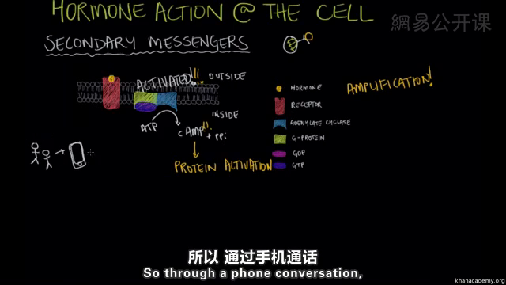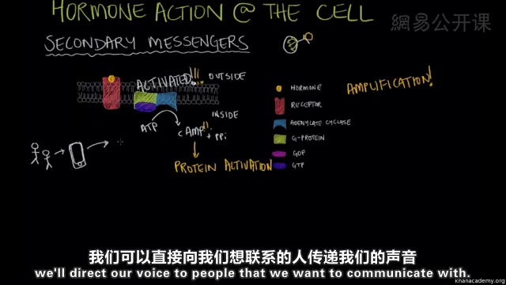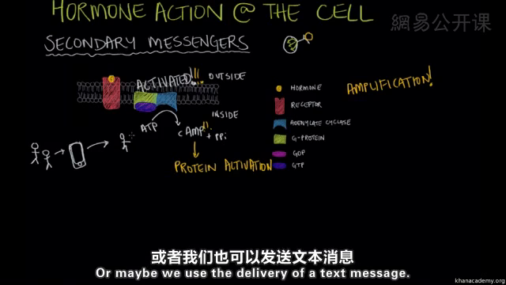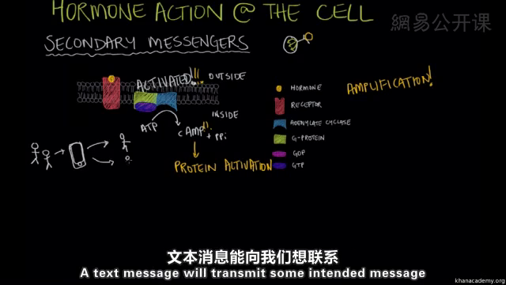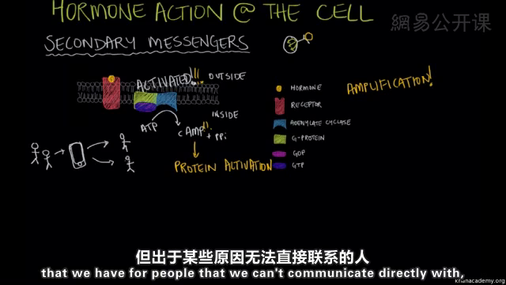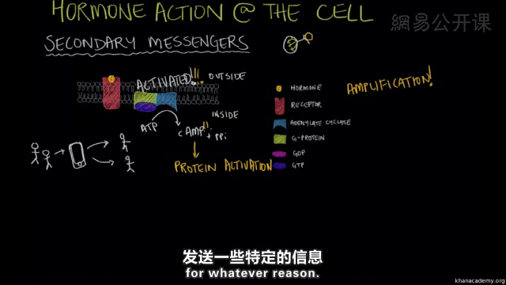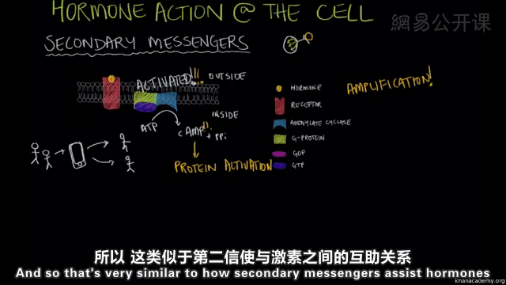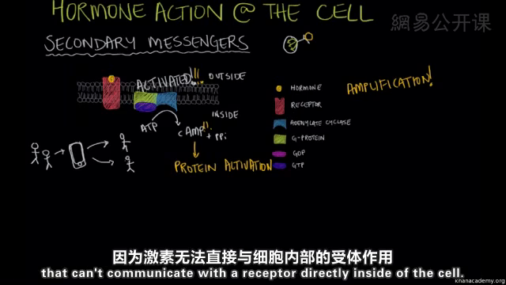So through a phone conversation, we'll direct our voice to people that we want to communicate with, or maybe we use the delivery of a text message. A text message will transmit some intended message that we have for people that we can't communicate directly with for whatever reason.